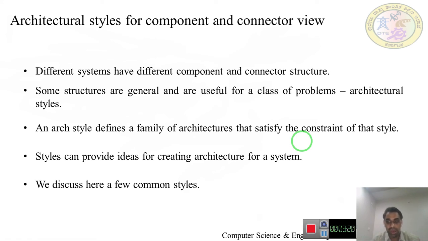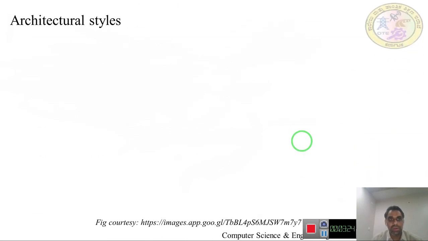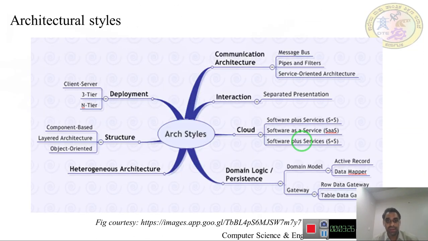Now we will see a few common styles of architecture. A common style would represent a communication architecture. This deals with the type of communication that happens between the components. It can be through a message bus, pipe and filter, or service oriented architecture. Then architectural style also deals with interaction.